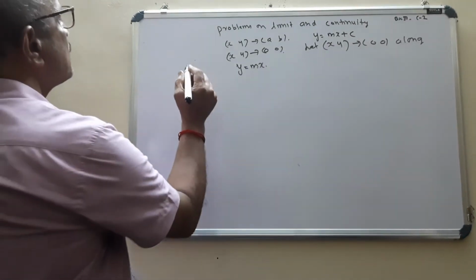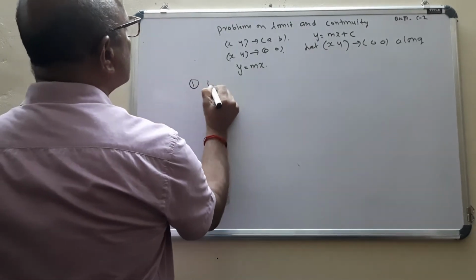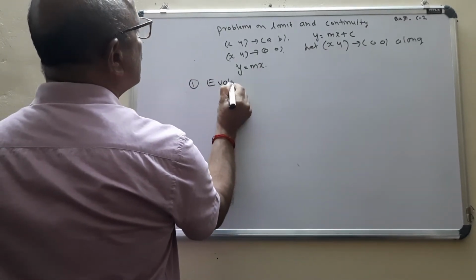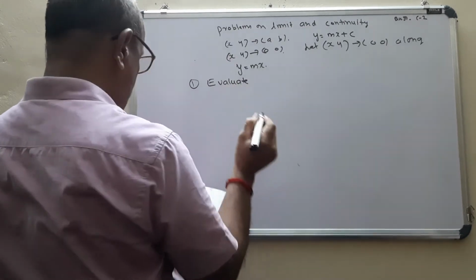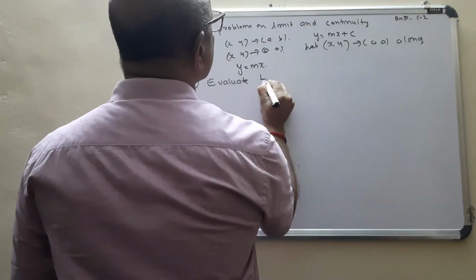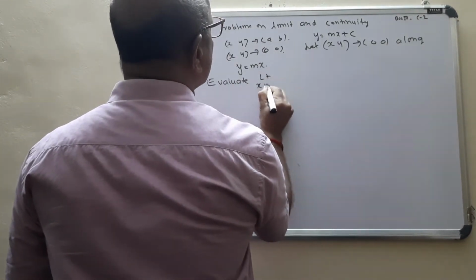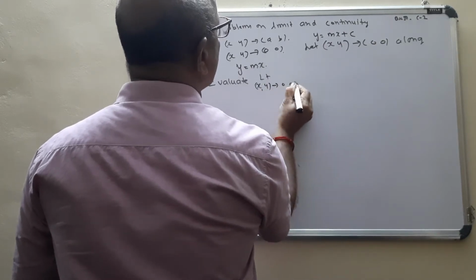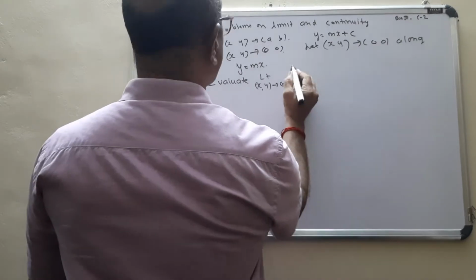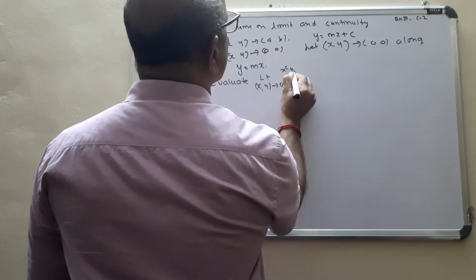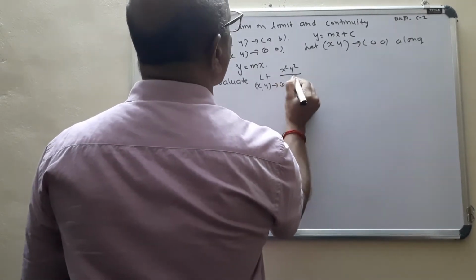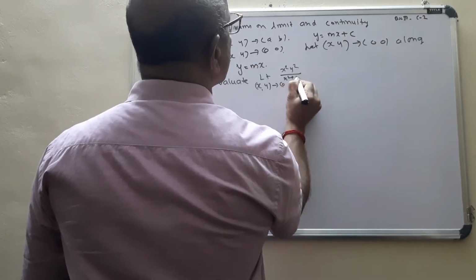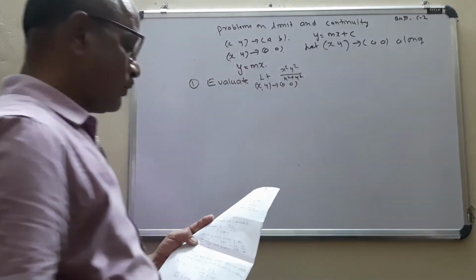Now the first problem. Evaluate the limit as (x, y) tends to (0, 0) of x squared y squared divided by x squared plus y squared.